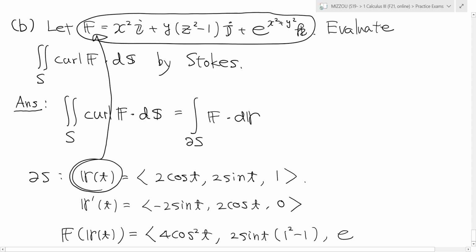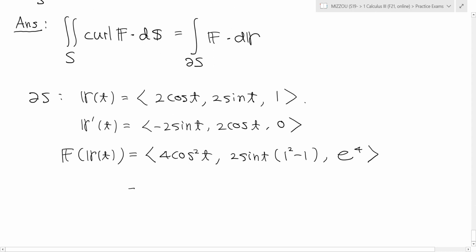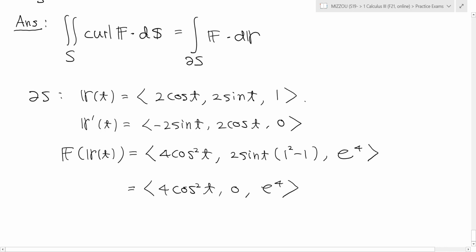And then e to the power of x squared plus y squared, but this is actually e to the 4. So you get this. You can simplify it as 4 cosine squared t, 0, e to the power of 4.